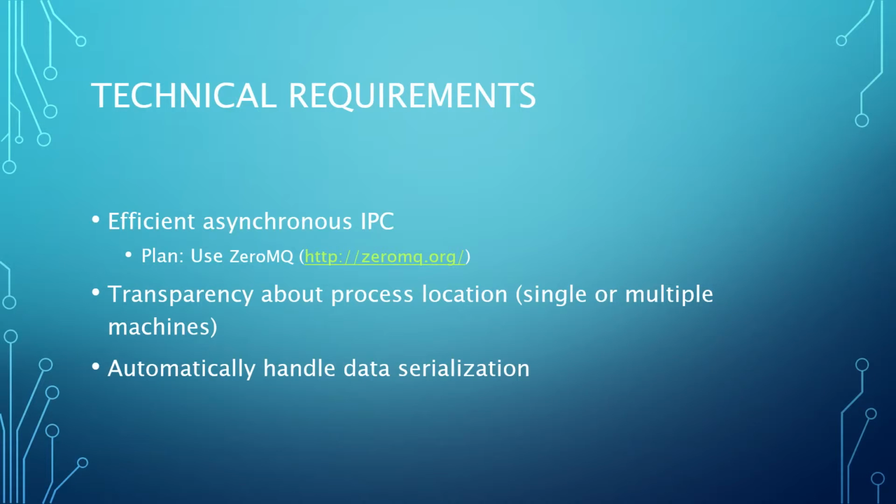We must also be transparent about whether processes are running on a single machine or over multiple machines. In other words, the code should be the same, but the debugging information should reflect which is occurring.